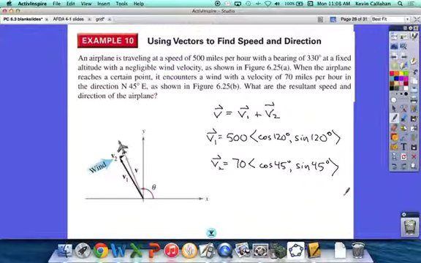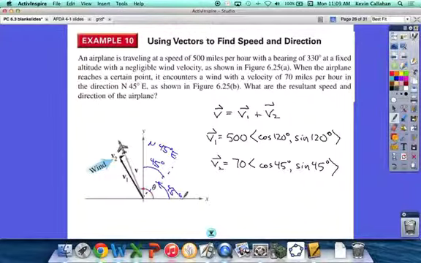And for the wind was told it was 70 knots or miles per hour, and it was at an angle of 45 degrees, right? It was north 45 degrees to the east. Right? That's what north 45 degrees east looks like, which makes the direction angle 45 degrees anyways.